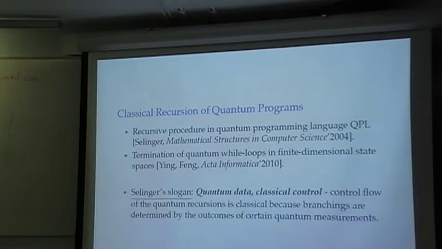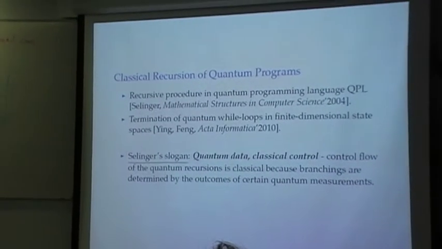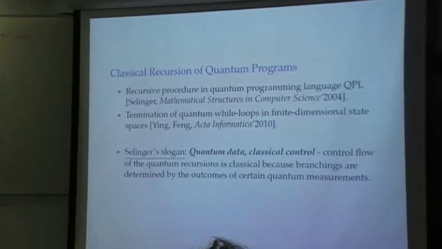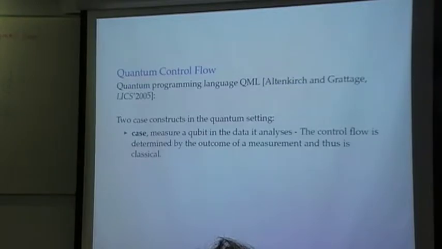But the control flow of quantum recursion is classical because the branching is determined by the outcomes of the quantum measurement. So this fits very well into Peter's slogan, quantum data and classical control.